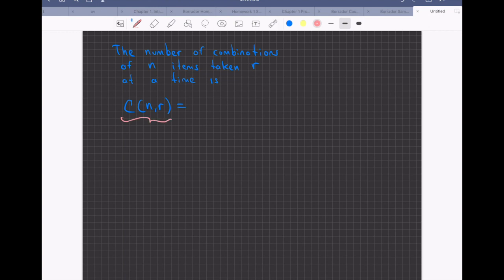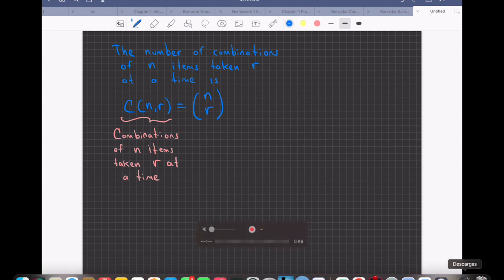This is combinations of n items taken r at a time. Or other notation for this is this one. It's the same. The meaning is exactly the same. And the formula is n factorial divided by r factorial times n minus r factorial.